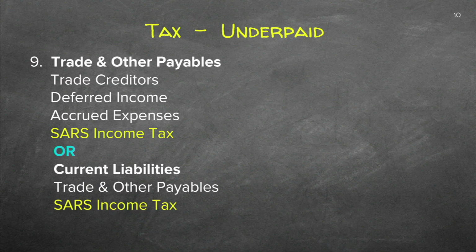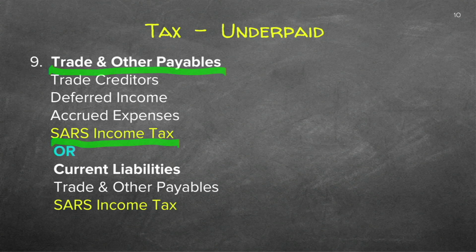If the question states, compile note number 9, trade and other payables, and you are not asked to show the current liability section of the balance sheet, then include SARS income tax in your note, trade and other payables. Can you see there I've put in SARS income tax?